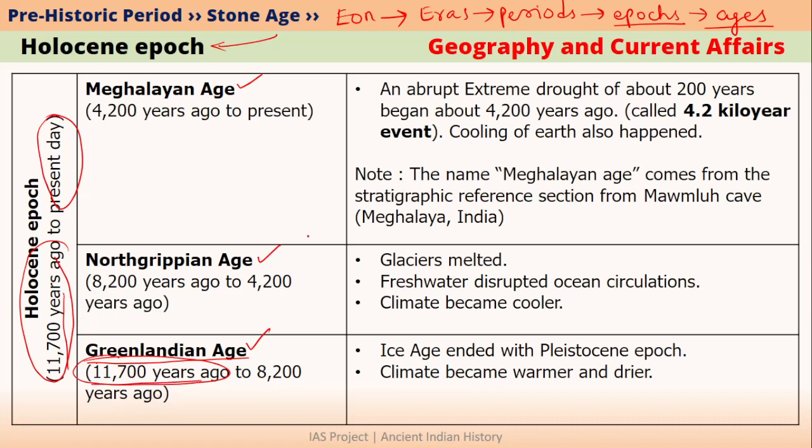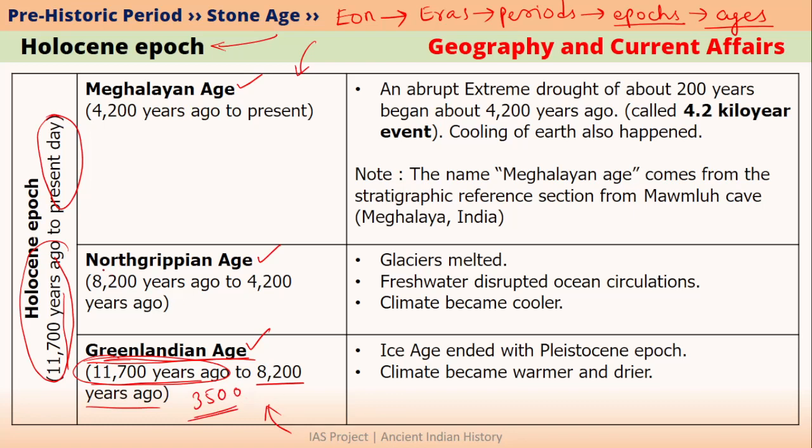When you chart the geological time scale, on the upper side is always the new time and on the lower side is always the old time. Therefore, the Greenlandian Age is the oldest part of the Holocene Epoch. It started 11,700 years ago and it ended around 8,200 years ago. So that is approximately 3,500 years.